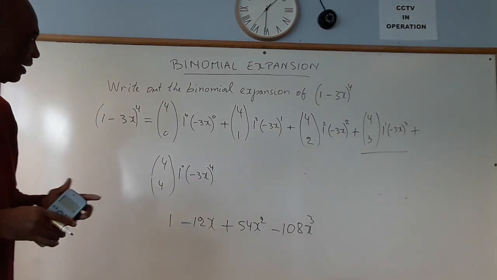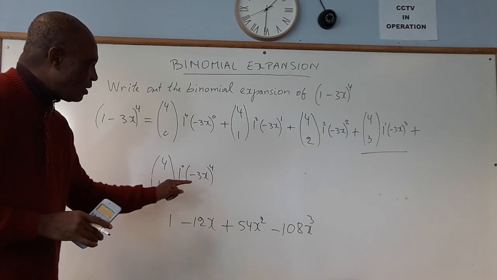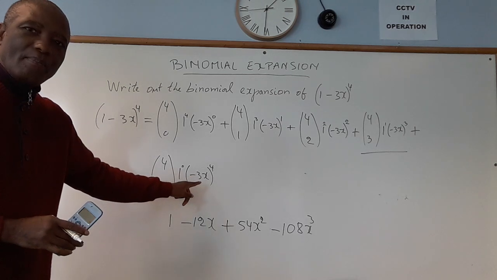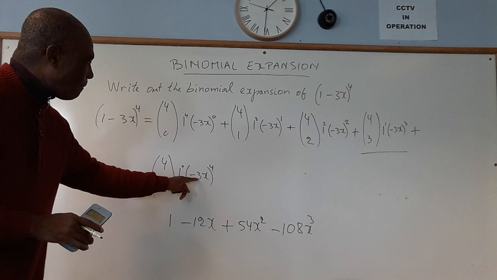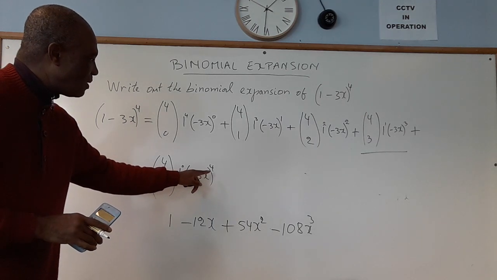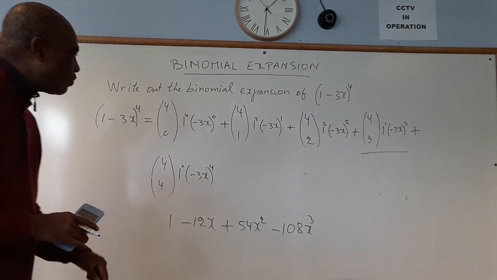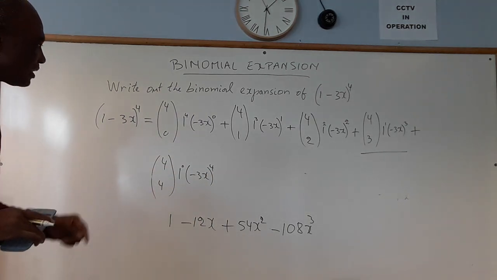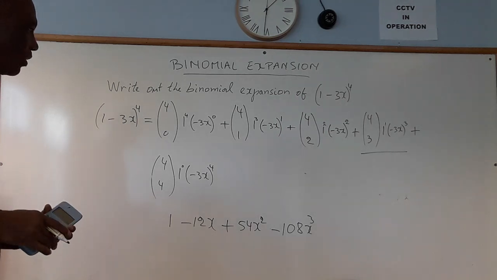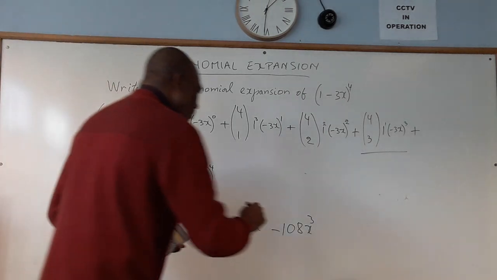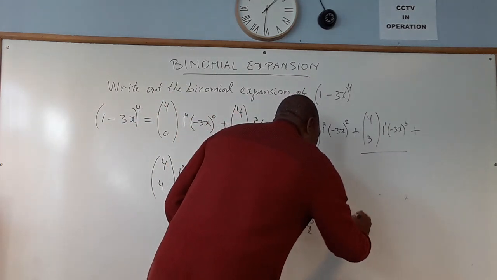Now, as the power is an even number, the result will be a positive number. So minus 3x to the power of 4 will give what? Will give plus 81x to the power of 4.